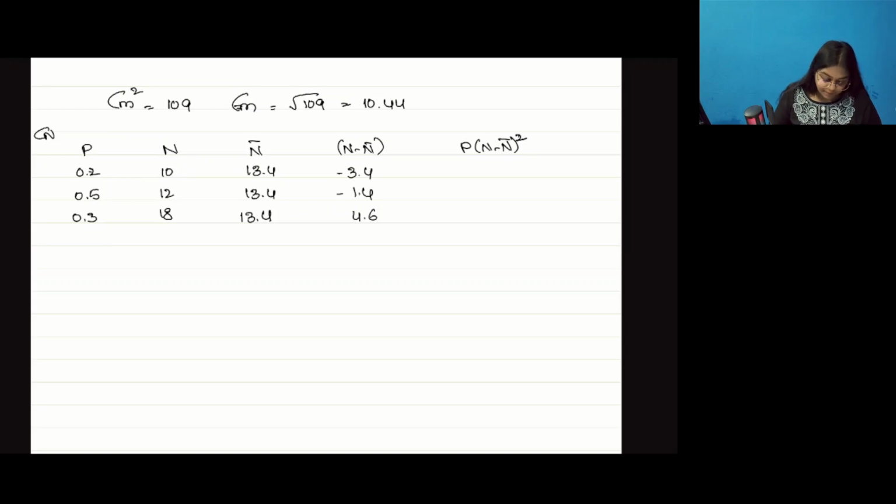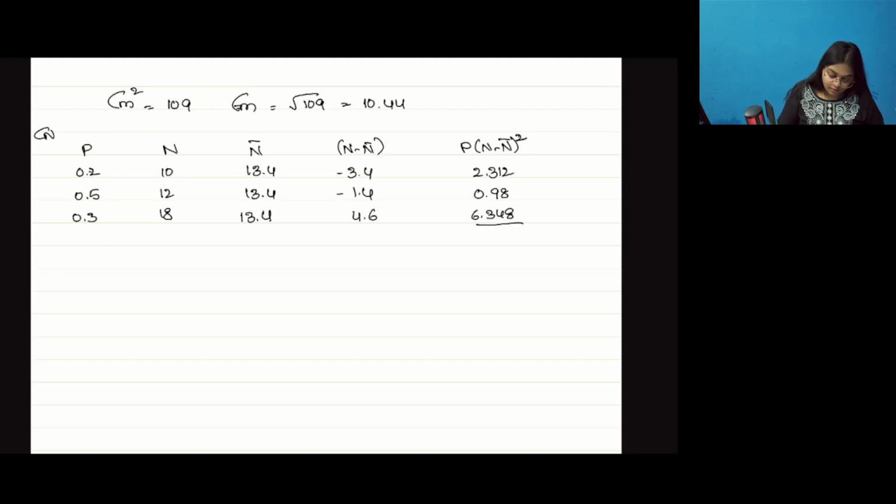So 3.4 square into 0.2, that is 2.312. 1.4 square into 0.5 is 0.98. 4.6 square into 0.3 is 6.348.